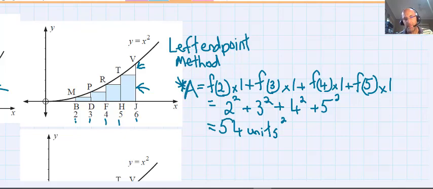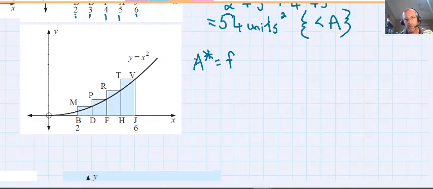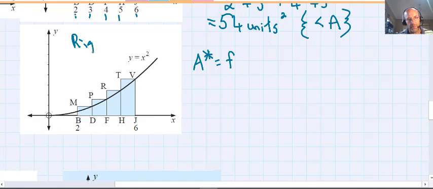Okay, so we can see this is going to actually be less than the true area, because look at the white gaps. I mean, come on. So that's going to underread. So that's going to be less than, let's call A the true area. Okay. We look at the other method I said we're going to use, and that's the right endpoint method.